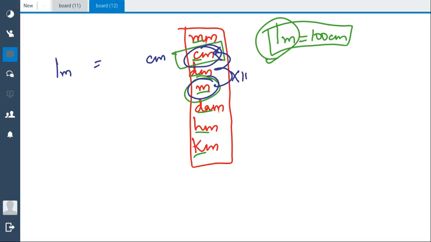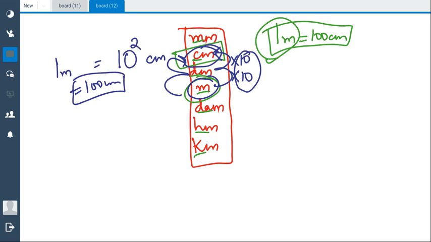Each step is a multiplication of 10. Each step you take, you have to multiply with 10. So instead of writing this 10, you write 10 raised to the number of steps, 2. Therefore, 1 meter is equal to 100 centimeters. Easy?